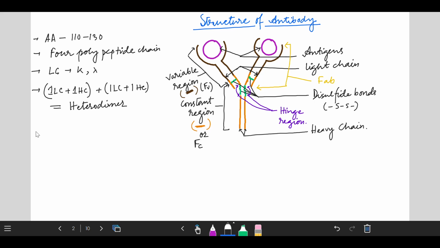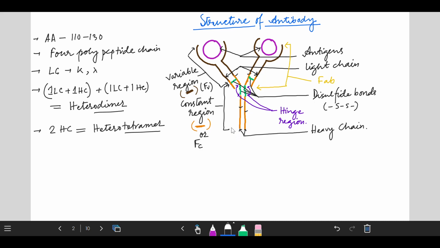Clear to you? Now, 2 heavy chains form a heterotetramer. Dimer means 2 molecules and tetramer means 4 molecules involved, or here 4 polypeptide chains involved. So, tetramer means 1, 2, 3 and 4. These 4 form a heterotetramer. Clear?